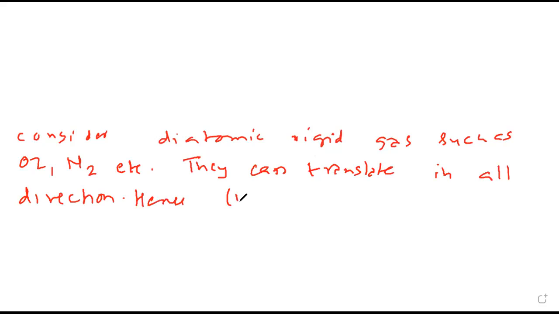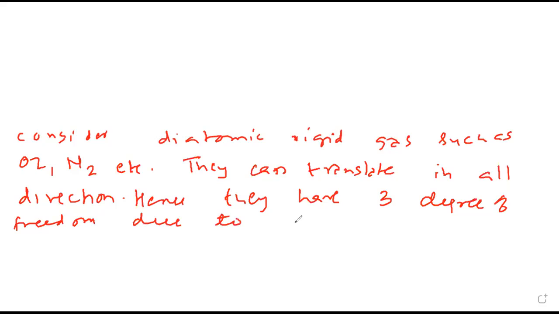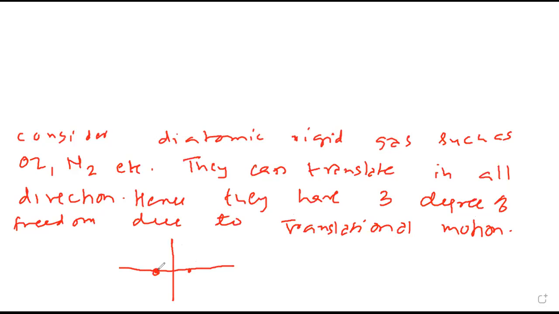Hence, they have 3 degrees of freedom due to translational motion. Now, since they will always be two atoms together, there will be some force of attraction between them. So sometimes they can rotate.